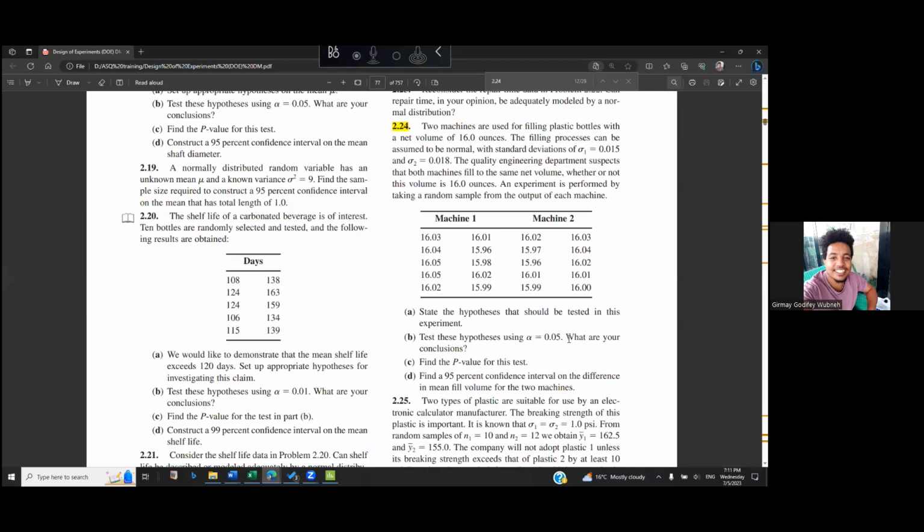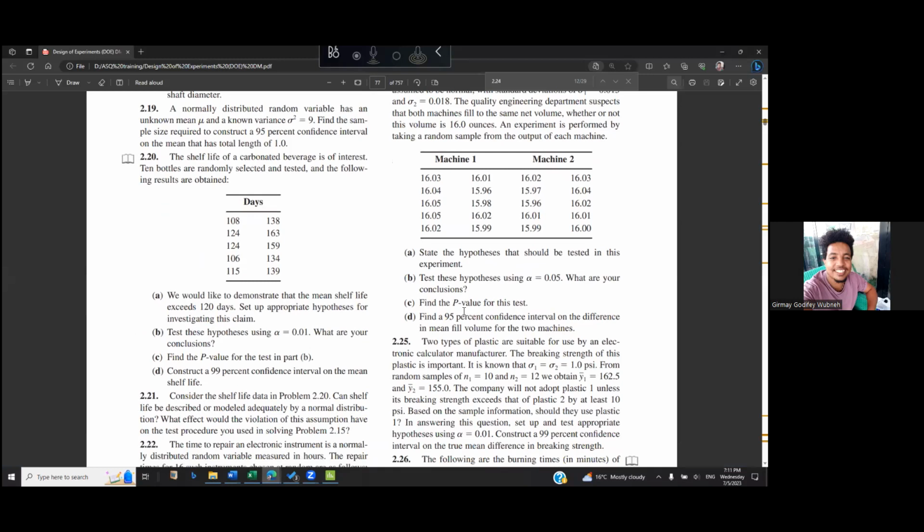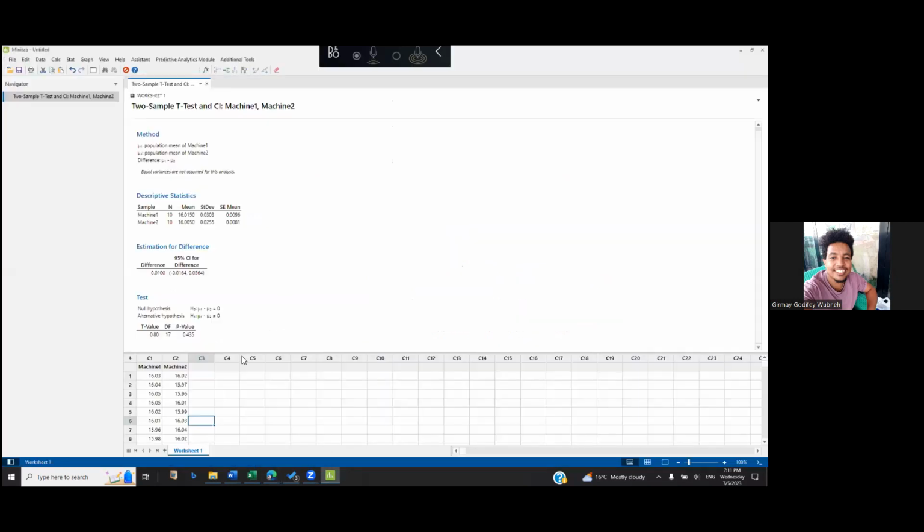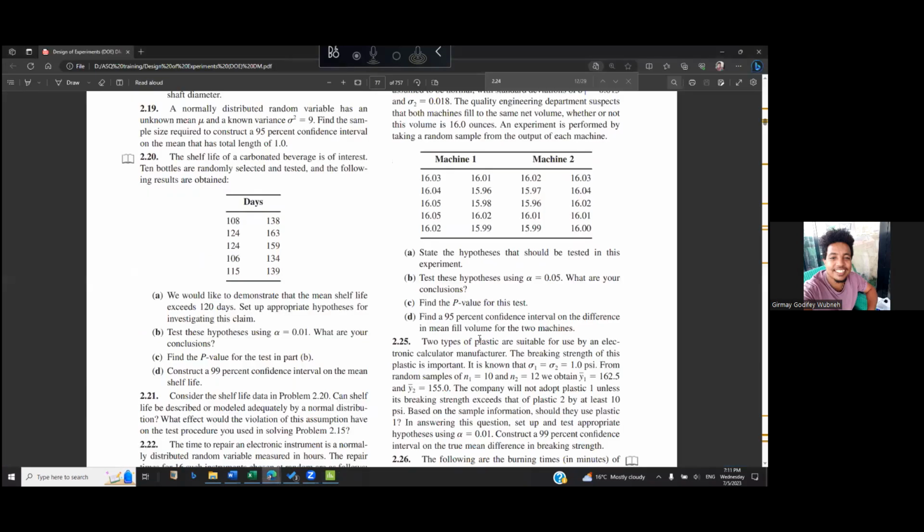Yeah, so the test. Next, find the p-value. The p-value is 0.435, so we accept the null hypothesis, or there is no significant difference between these two machines. That is the conclusion.